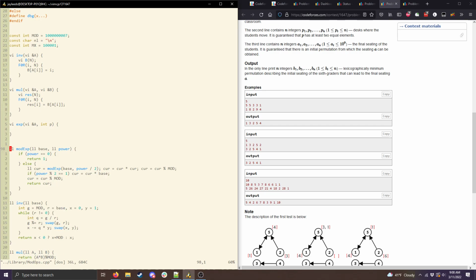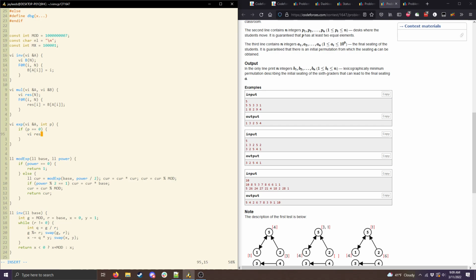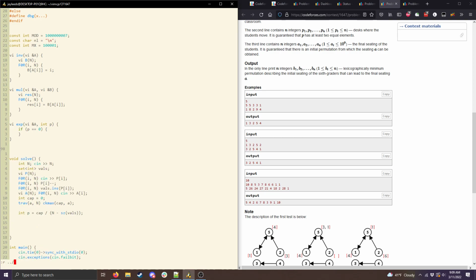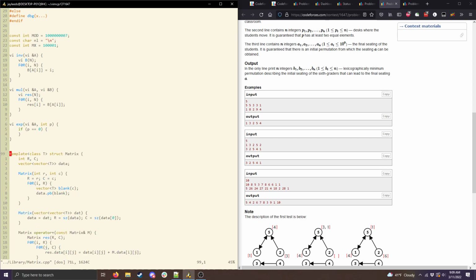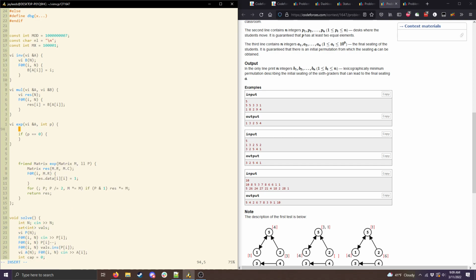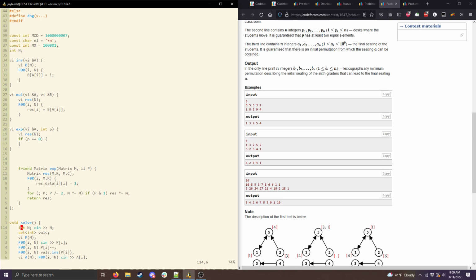Going to reference my modx code. Actually, I think my matrix multiplication code is going to work better in this context. Using n so much, I better just declare it globally.